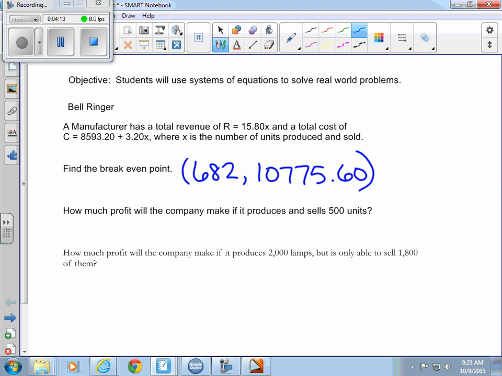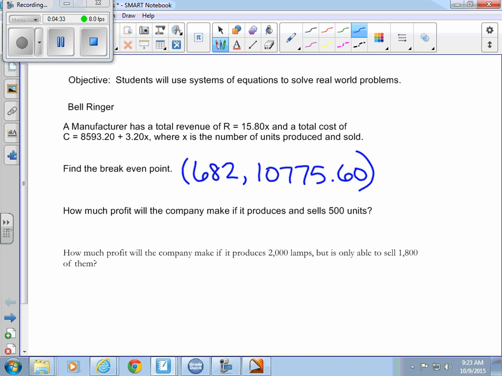Why did I write it as 0.60 instead of 0.6? Because normally I just leave it as 0.6. But it's money, isn't it? So if I sell 682 units, that's how much revenue I'm going to make, and that's how much my cost is going to be. So my revenue and my cost will be the same.